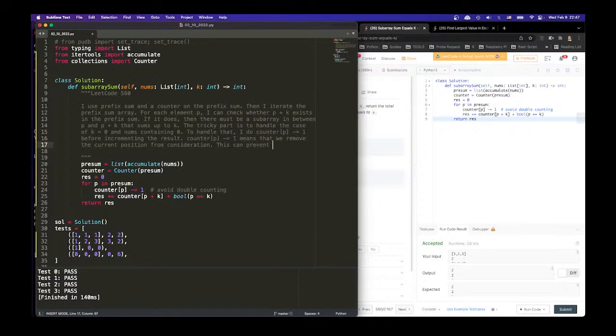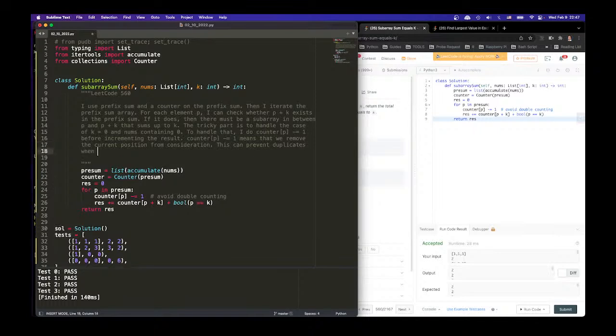This can prevent duplicates, right? Duplicates when either p plus k goes back to p, or some future value goes back to p.